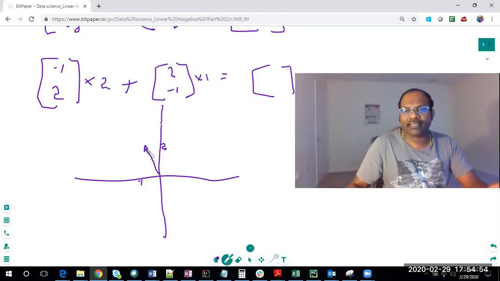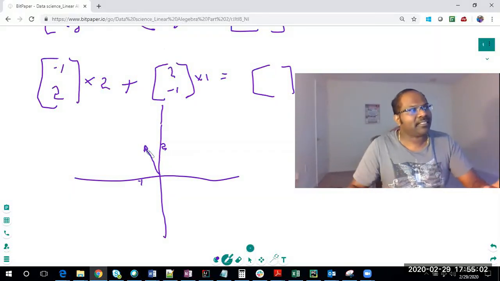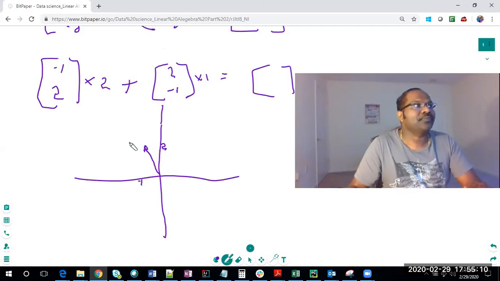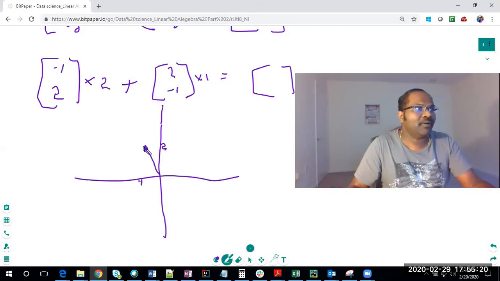As I said, a vector is nothing but a single dimensional value. It has a direction, and the direction of this vector is towards this, meaning x is equal to -1, y is equal to 2. But this vector is multiplied by 2, so we are multiplying with another vector. Another -1 comes here, which is -2 here. Let's put -2 here, and +2. So it will be another vector like this.